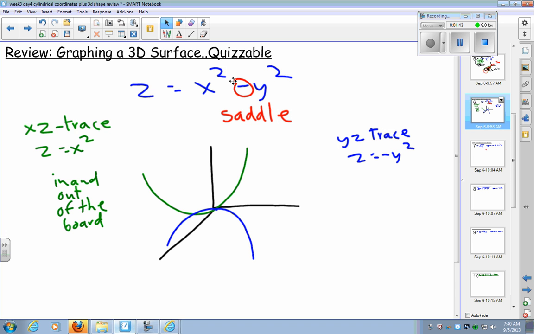But that's kind of my perspective that I see right now, is imagine the horse's body going directly through the blue part, and then the green is kind of where you're straddling it and holding on to the top of the green. Okay? So that is the saddle, which if you guys need to know the word for it, it's more than just a saddle. It's the hyperbolic paraboloid. Okay?